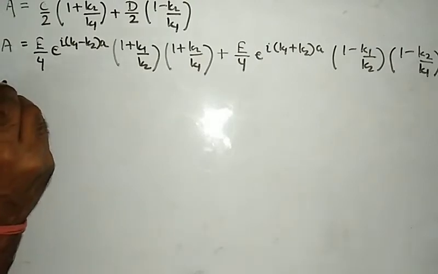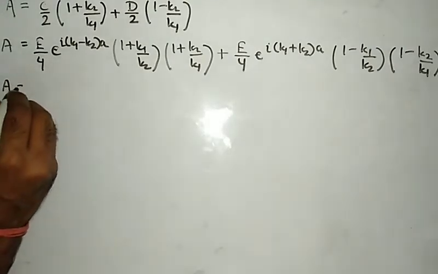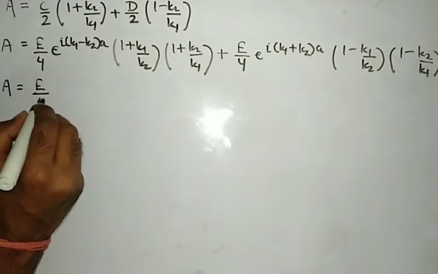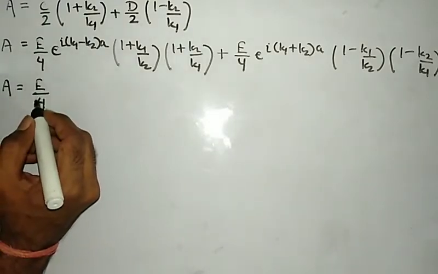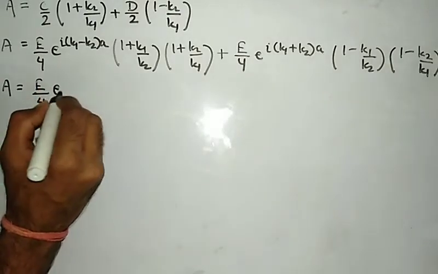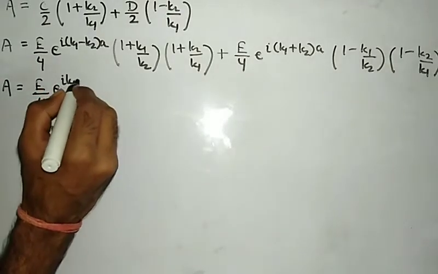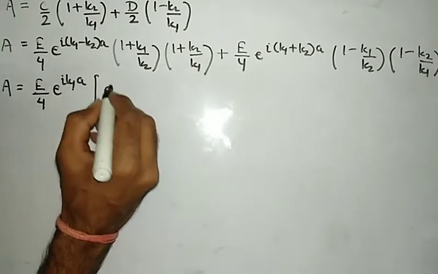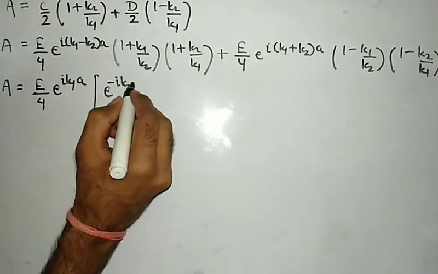So a, taking e by 4, and here common is e to the power i k1 a from both terms. So what is remaining? e to the power minus i k2 a.